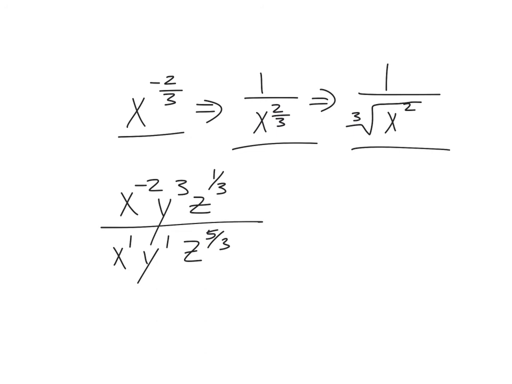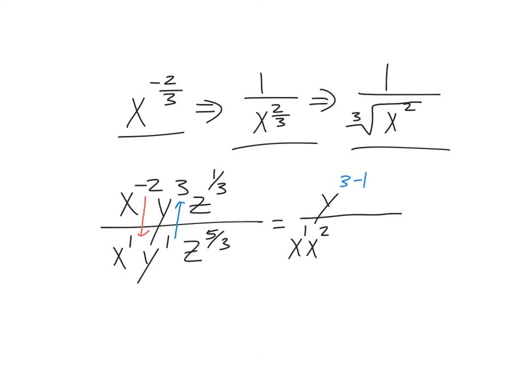Remember your rules. To take a negative exponent and make it positive, you do the reciprocal, which means it's got to go down here. So there are no more x's on top. So I have x to the 1st and an x to the 2nd on bottom. With the y's, when you divide, you subtract and you move the small to the large. So I have y, and on the top I have 3 minus 1.